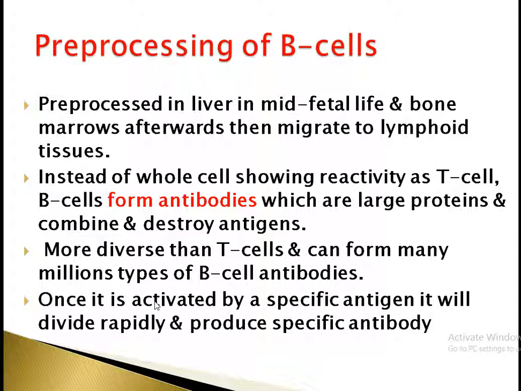So, as from the previous diagram, you come to know that from the stem cells, some of the specific lymphocytes come to the thymus. They are named as T lymphocytes.